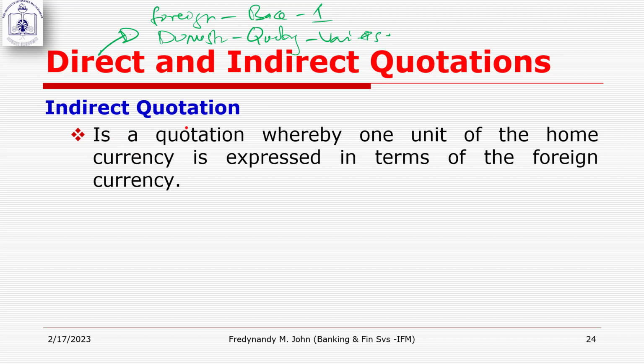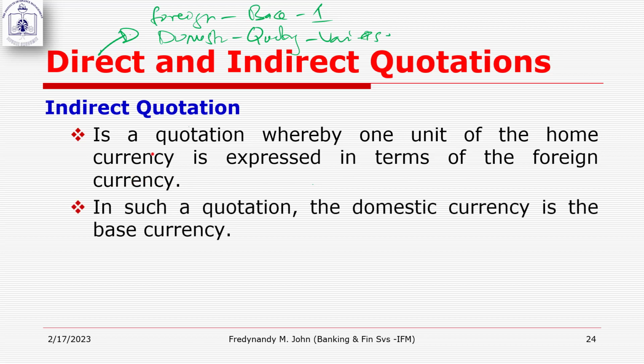Now, indirect quotation is the opposite. The domestic currency, the home currency, is expressed in terms of the foreign currency. That is to say, now the domestic currency becomes the base.